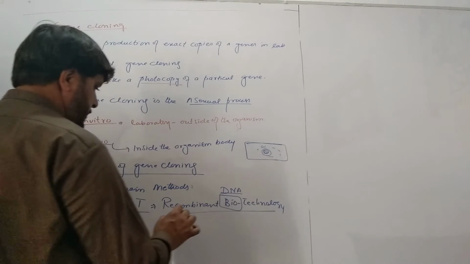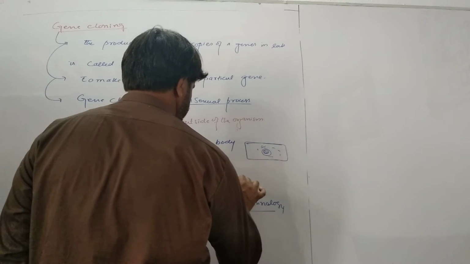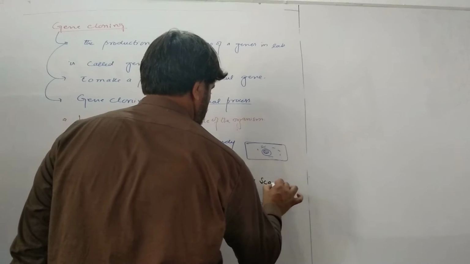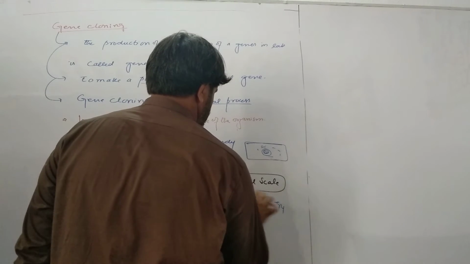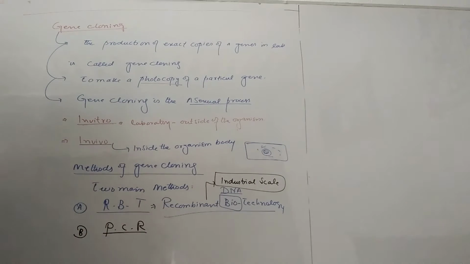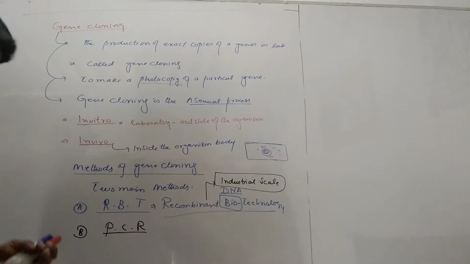This RBT method is applied on an industrial scale. When a large segment of gene is copied and produced in a huge amount on industrial scale, then the process of RBT is used.